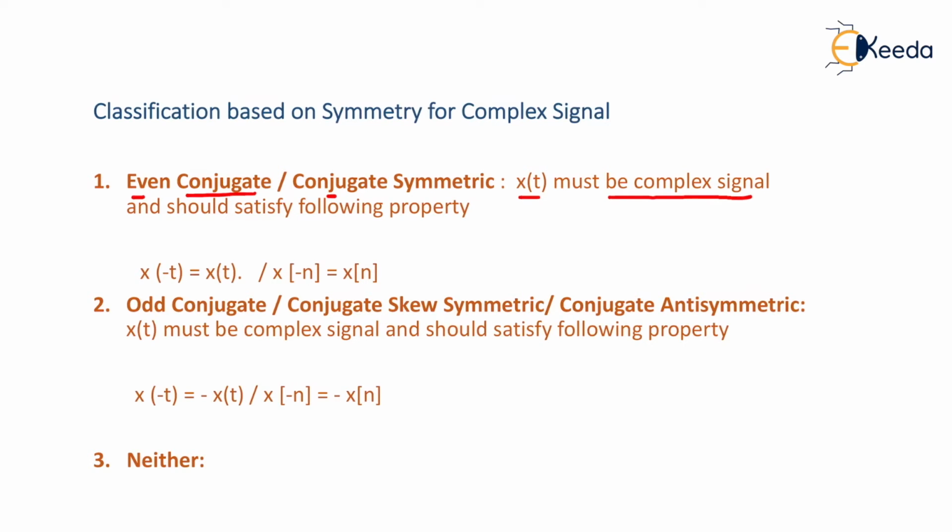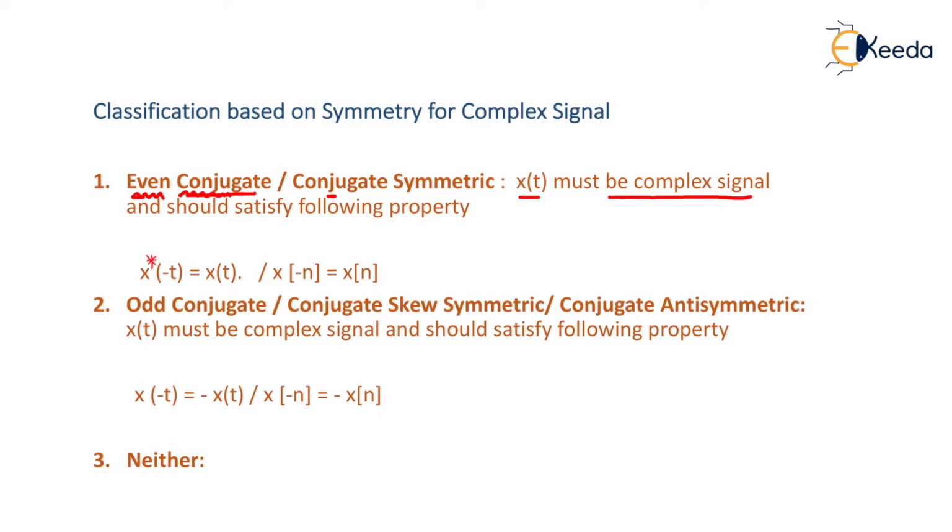The property is: x of minus t equal to x of t, or x of minus n equal to x of n. I'm sure you have seen this already in even symmetry and odd symmetry. The only difference here is that since it is not only checking the even property but also has the extra word conjugate, I'll have a conjugate here.